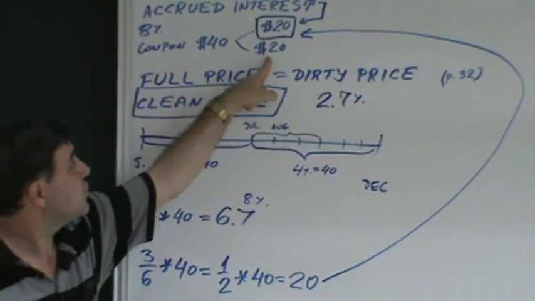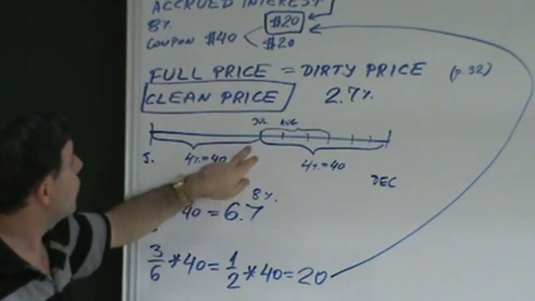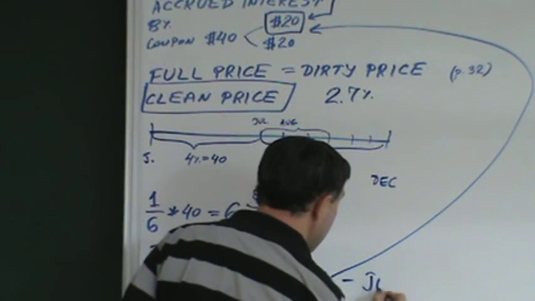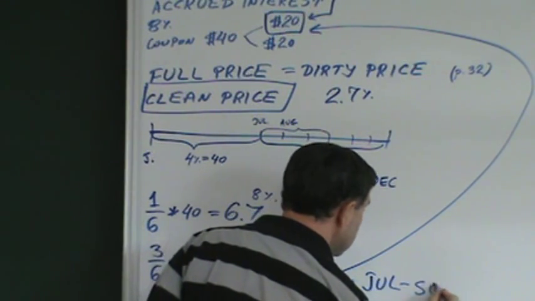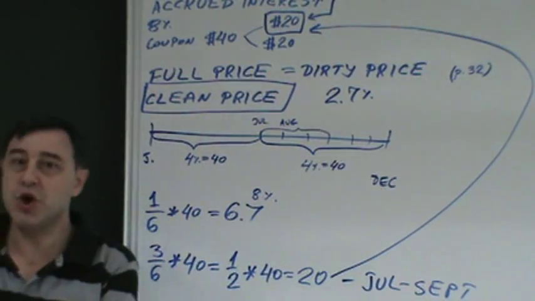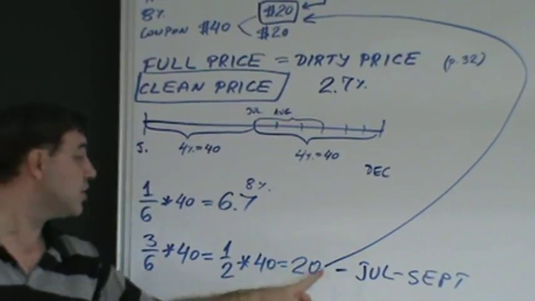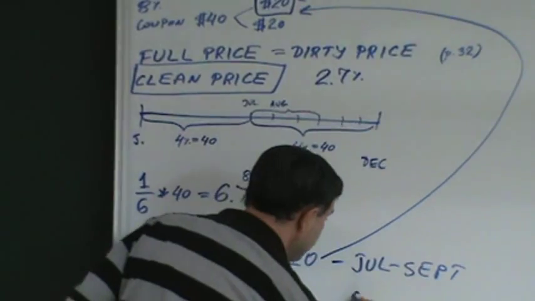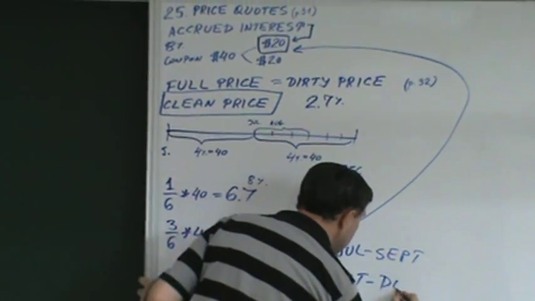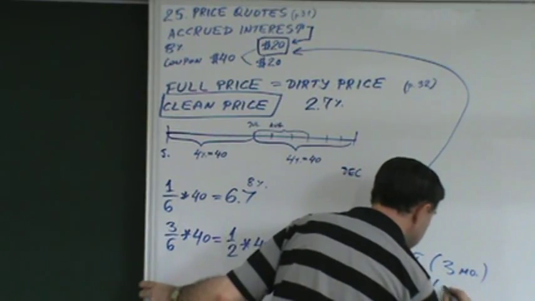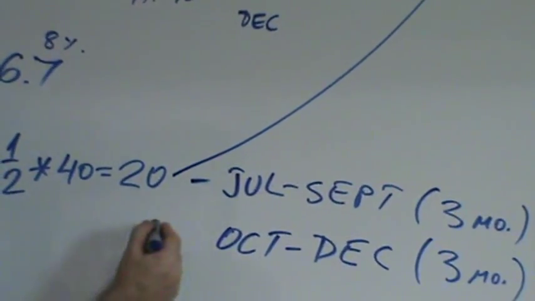Well, what about this 20? The first 20 corresponds to July through September, okay? Well, if the full coupon is 40, from July to September is 20, and obviously from October till December, this is 3 months, and this is 3 months.